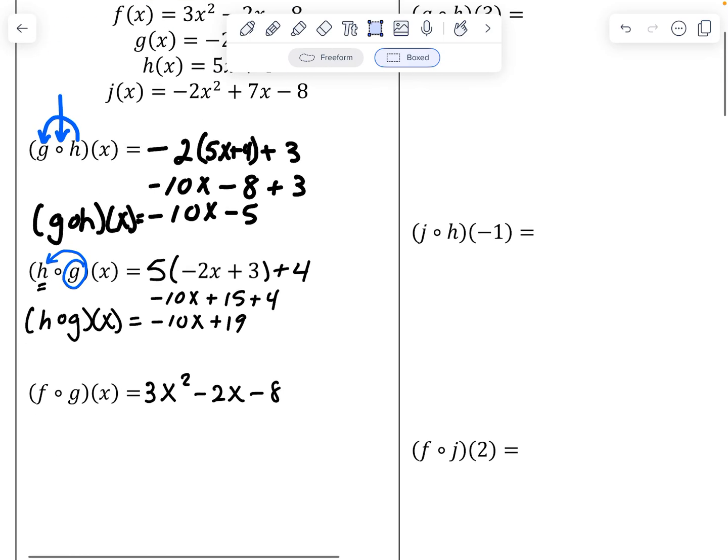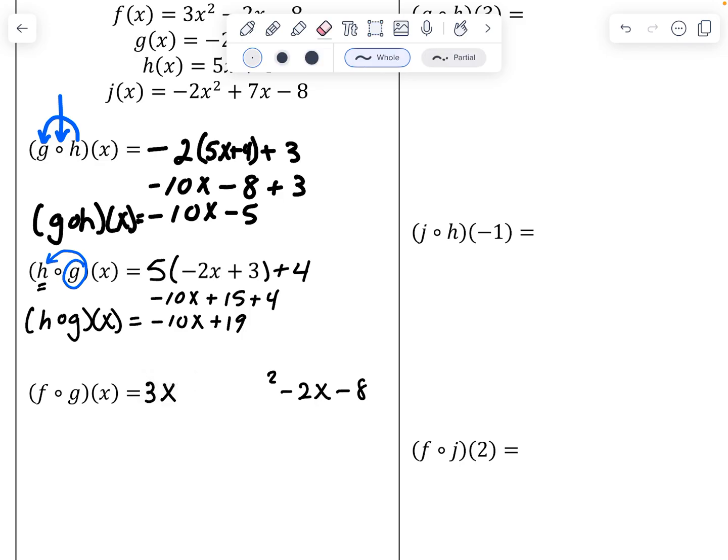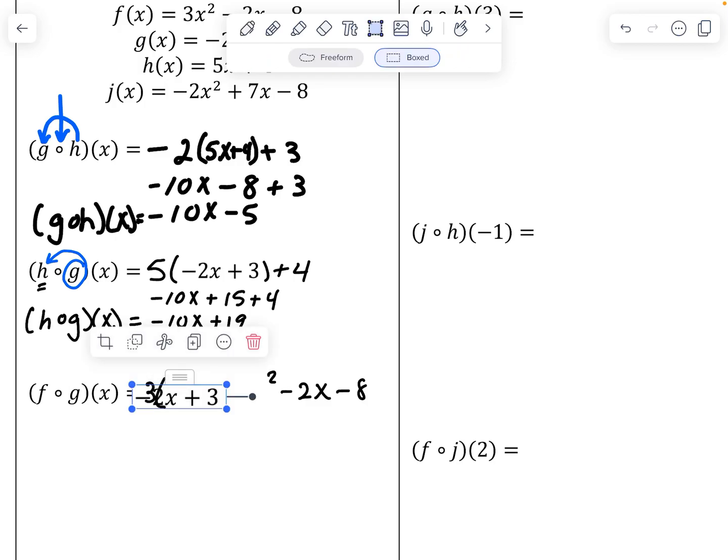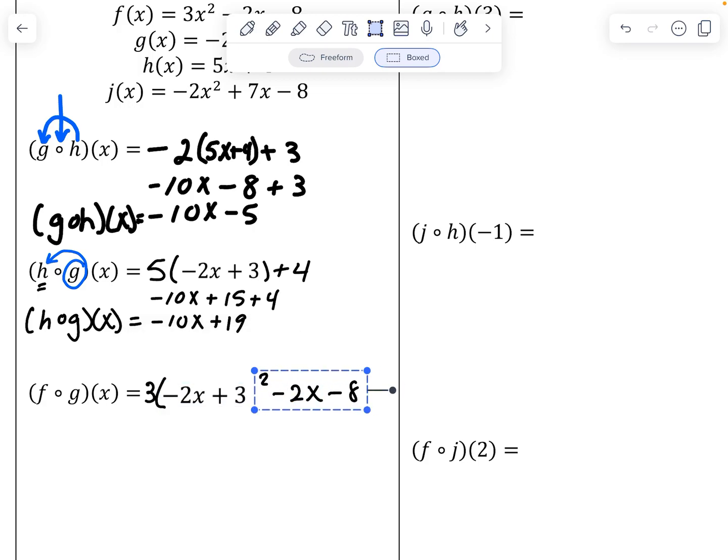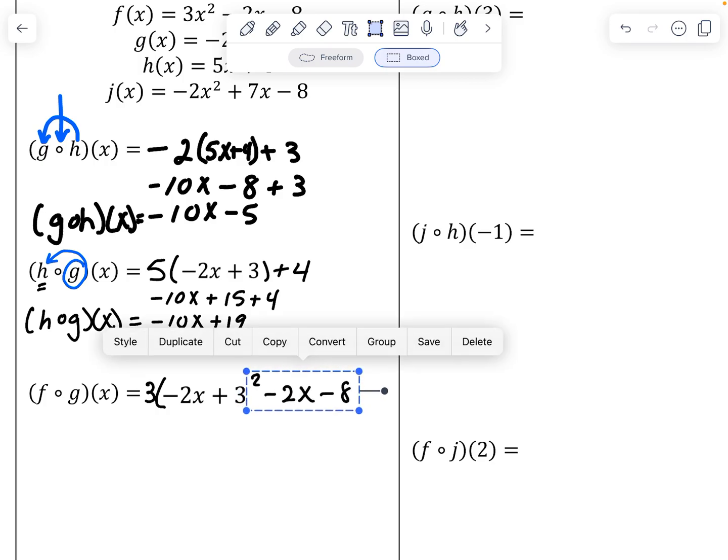So I'm going to take this x out, and I am going to put whatever g is, and g was negative 2x plus 3. And then that's squared. I need to finish that parenthesis.